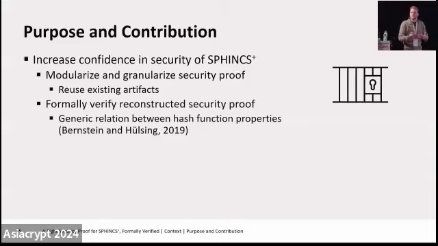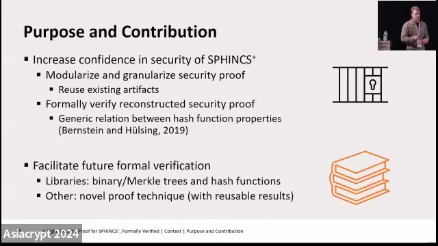Then secondly, we actually formally verify this reconstructed proof, of course. Due to the modular approach that we take, we actually isolate a generic relation between hash function properties that we formally verify, which was published by Bernstein and Hülsing back in 2019.